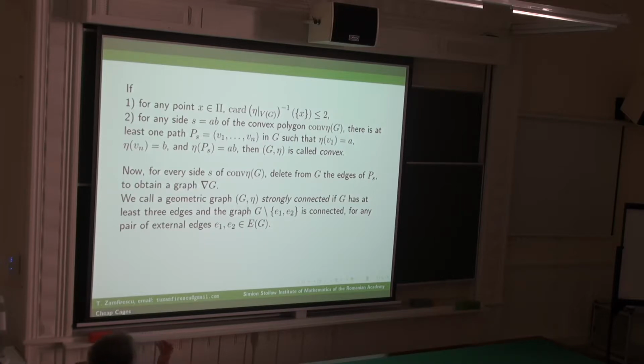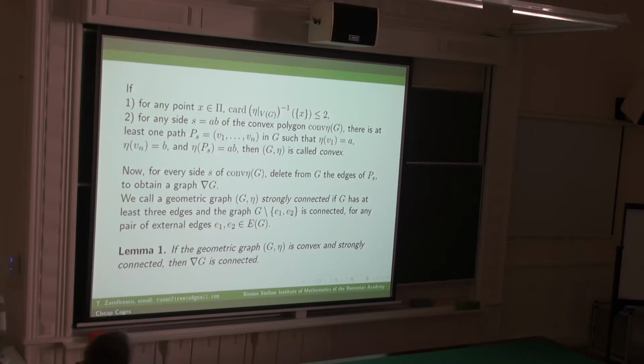If there is just one, I take it out. So we delete from G the edges of PS, each time of one of these paths, to obtain this graph, nabla G. This is a graph of which several edges were deleted. And this is a strong connectivity of G. This is a standard thing.